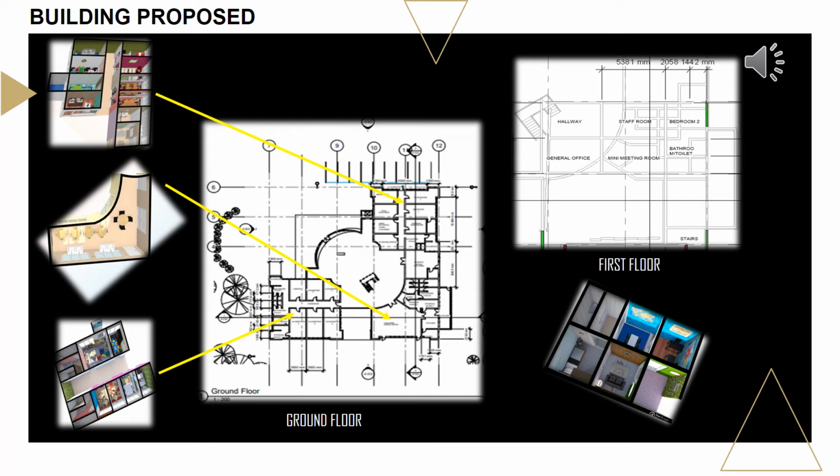For the fourth SketchUp, this is for the first floor plan. There is no more change of the functions, only the mini meeting room was changed to a glass wall room.